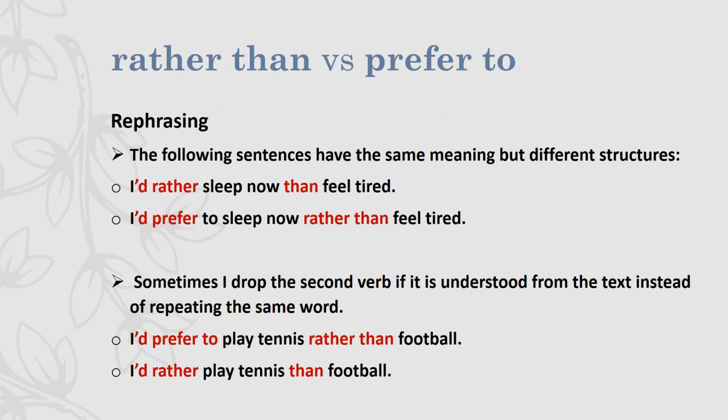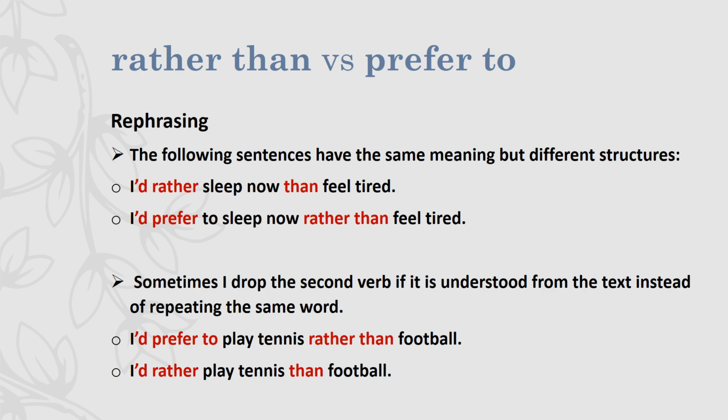In this slide, we are making a comparison between rather than and prefer to. It's a kind of rephrasing, using the same meaning in different structures. The following sentences have the same meaning but different structures. I'd rather sleep now than feel tired. Can you see than?